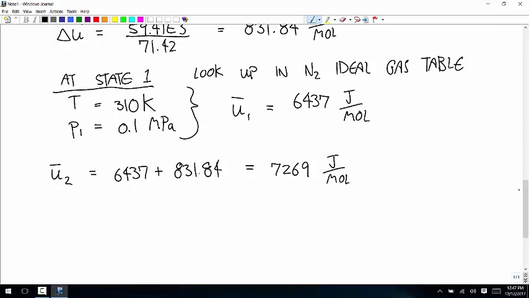So now what we're going to do is just scroll down the column of values for nitrogen until we find a per mole internal energy of 7269, and that's going to tell us the temperature. So 7269.